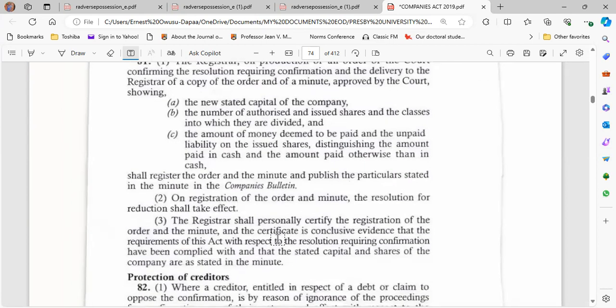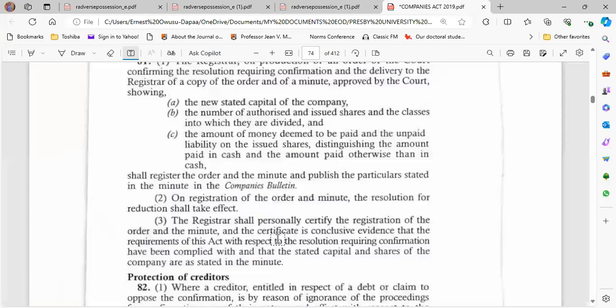I think this is better because the Gazette is being issued every now and again, so it is very difficult to even keep track. And this company's bulletin is for the unique purpose of matters relating to corporate affairs, so something that we can easily keep track of.